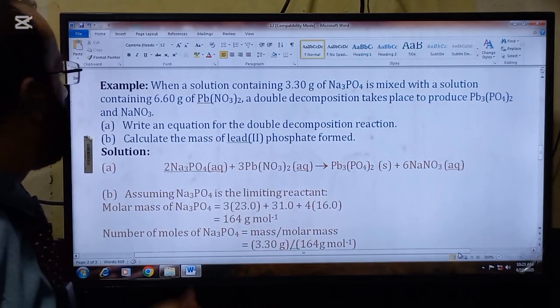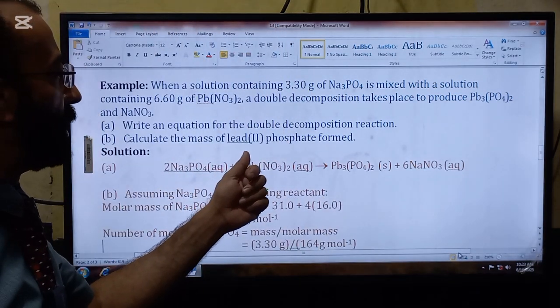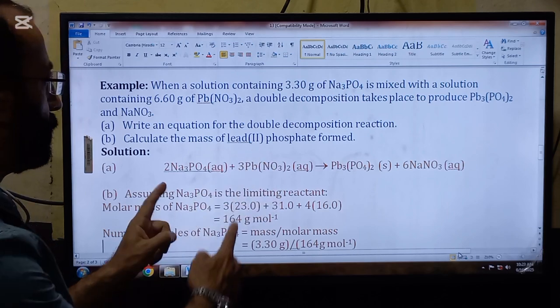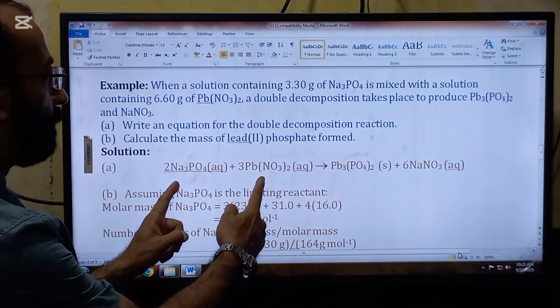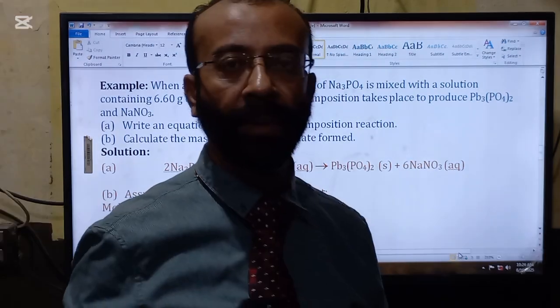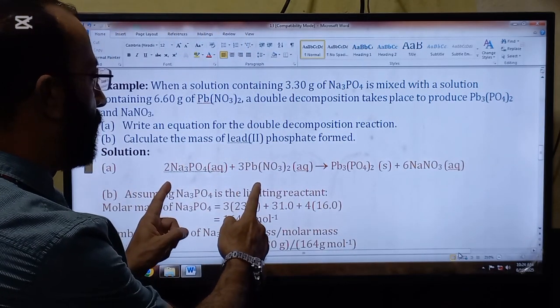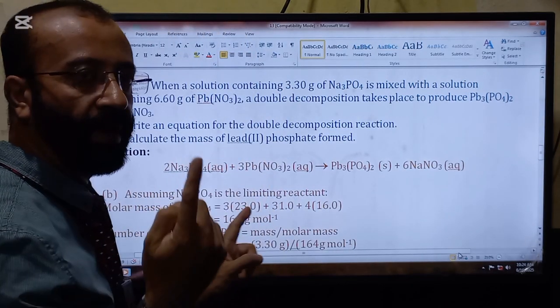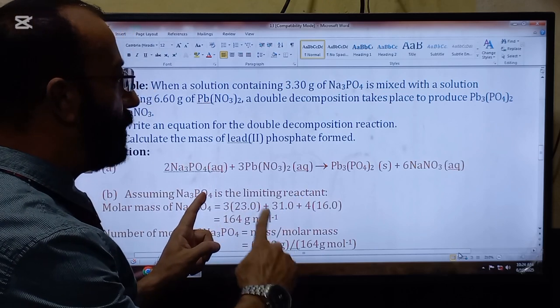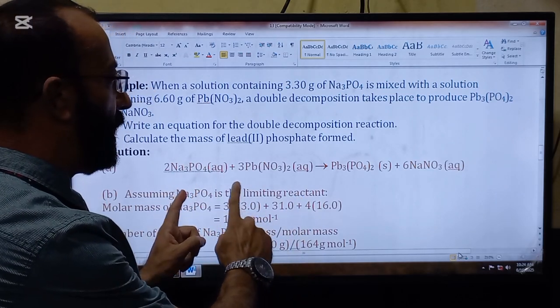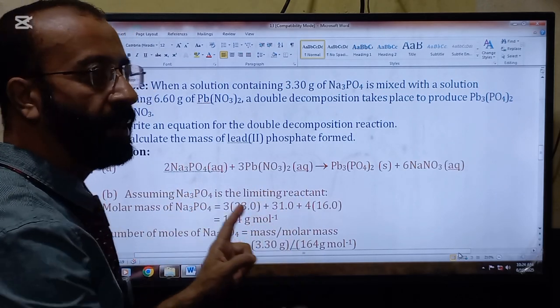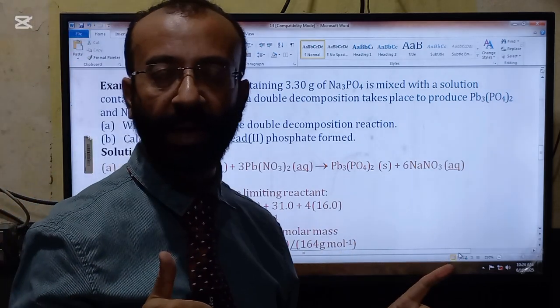So again, look, calculating the mass of the lead phosphate is the requirement. First you have to decide which one is the limiting reagent. First you have to take the mole ratio of the two reactants. This will be the first step. Then you have to decide which one is the limiting reagent. That will be the second step.